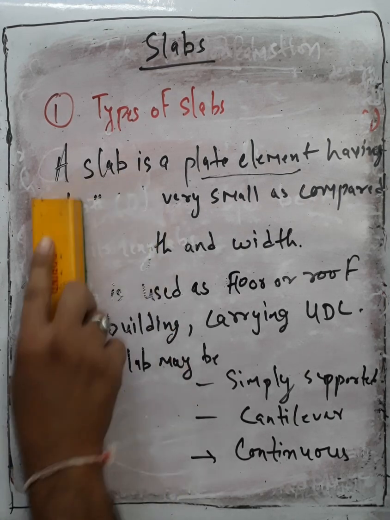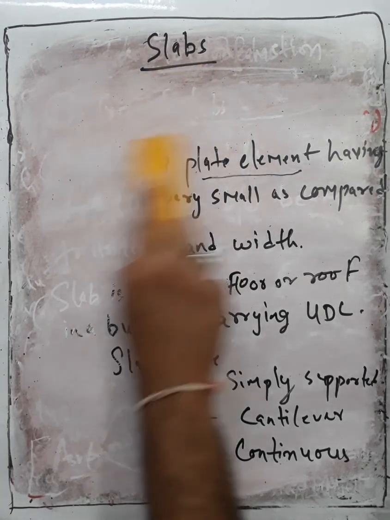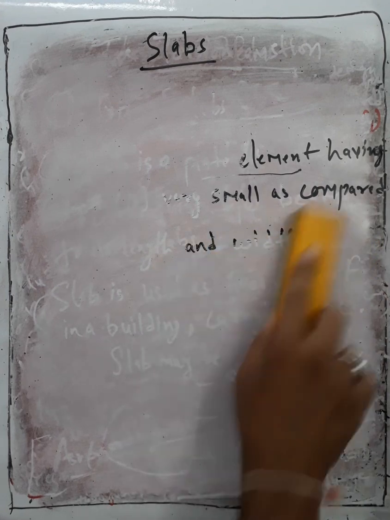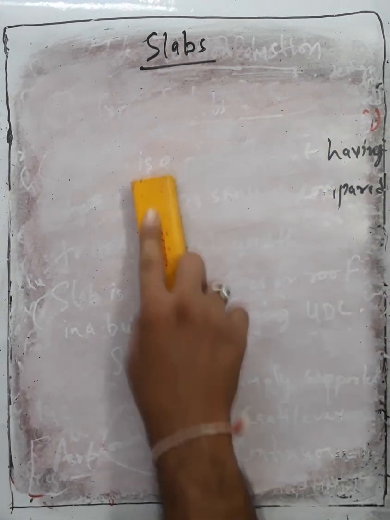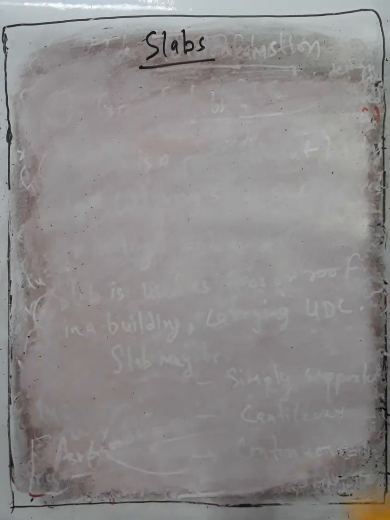We have various types of slabs which we use for different types of buildings. Means if we have a residential building, in our residential building we generally provide the one-way slab and two-way slab. But when you see theaters or cinema halls, their slab is different.